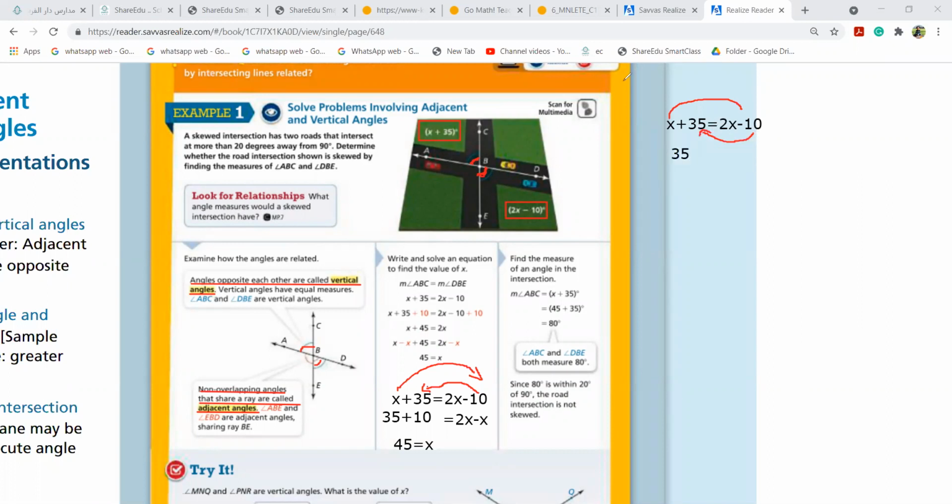If I bring 10 to this side, minus 10 becomes plus 10. So 35 plus 10, that is 45, equals 2x minus x, which is x. So that's your answer. 2x minus 1x is 1x. I wrote just x there.